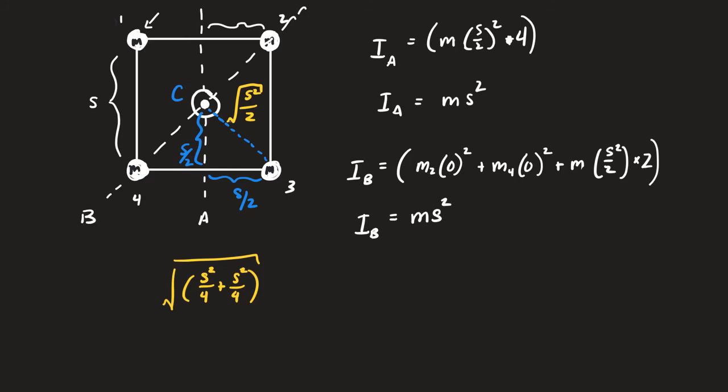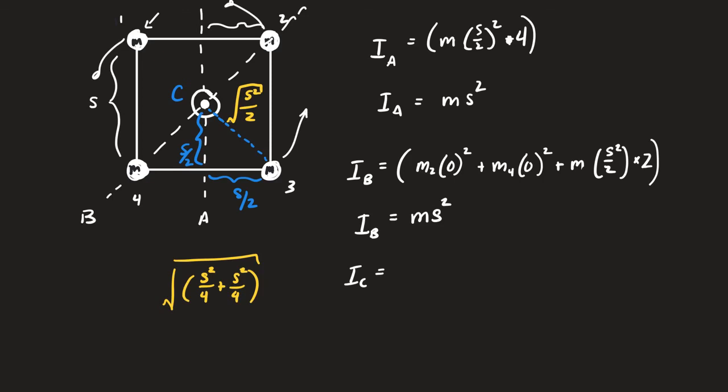Now, the moment of inertia around C. Every single one of those masses is going to contribute to this, isn't it? Every single one of them is going to rotate. They're all going around in the circle. What distance away from the axis are they? That's right, S over radical 2.